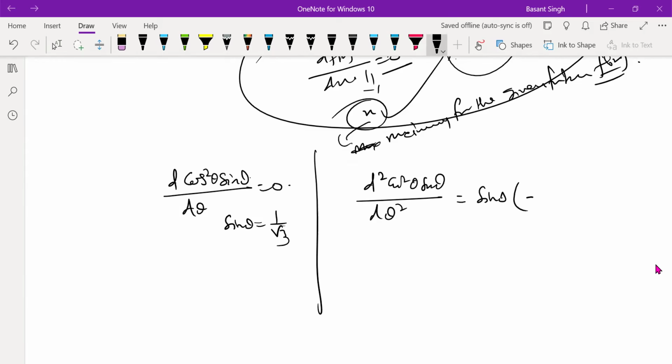This gives sin theta into minus 7 plus 9 sin square theta.